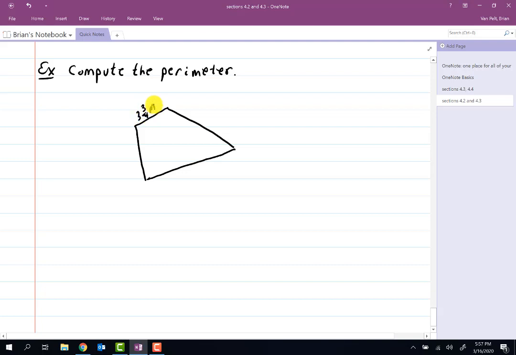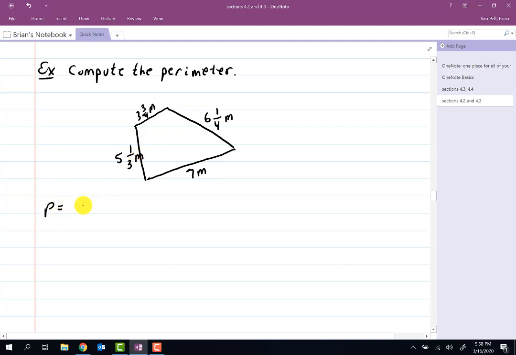Then this length is 6 1/4 meters. And then this length is 7 meters. And the last length is 5 1/3 meters. So for the perimeter, just add up those lengths.